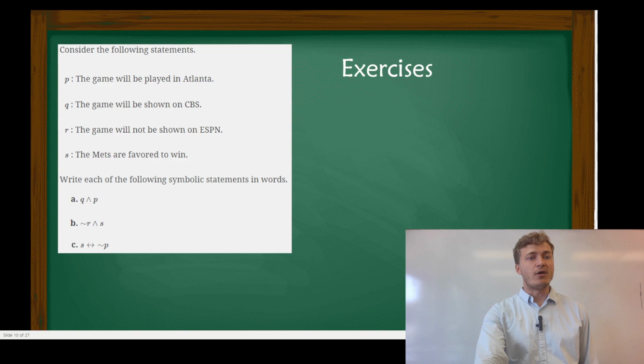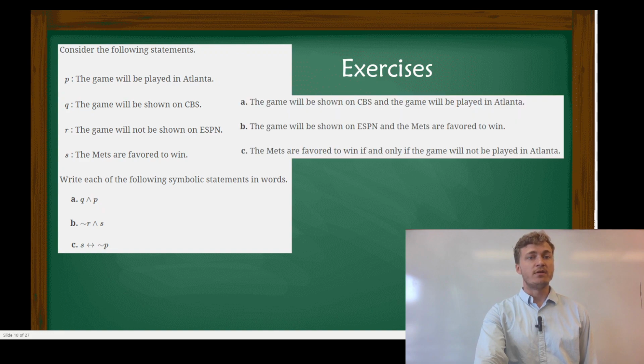Part B, not R. Well, if R is "the game will not be shown on ESPN," not R is that the game will be shown on ESPN. So for part B, we would write this as the game will be shown on ESPN and the Mets are favored to win.